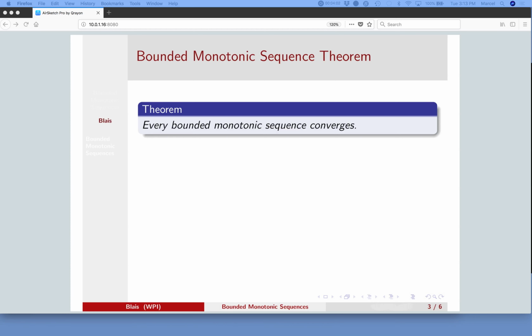Remember what it means for a sequence to converge. Intuitively, as you go down the list, the numbers are getting arbitrarily closer and closer to the limiting value. Let's think about what a bounded monotonic sequence looks like. Suppose we choose a sequence a sub n. Let's say it's an increasing sequence, and it's bounded.